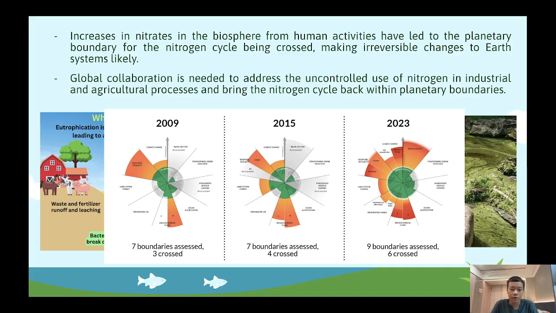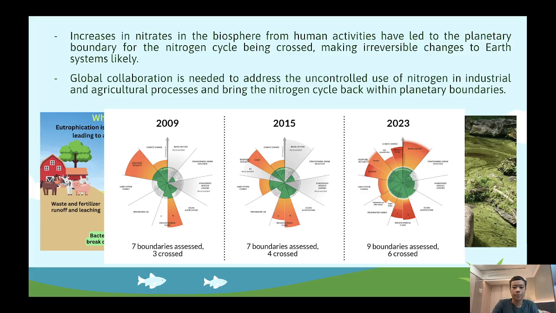According to scientists, our safe limit is about 35 million tons of nitrogen per year, and we are currently using 121 million tons per year, which is 3.5 times more. Some impacts and consequences of having too much reactive nitrogen are water pollution, algal blooms, soil acidification, and all in all biodiversity loss.